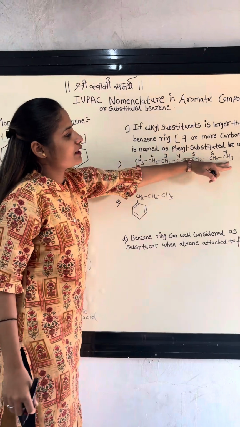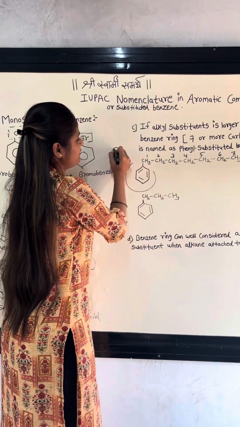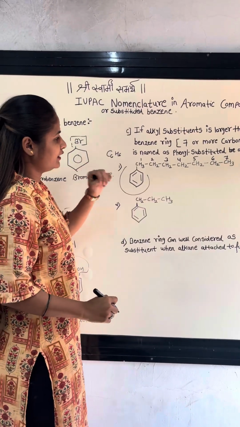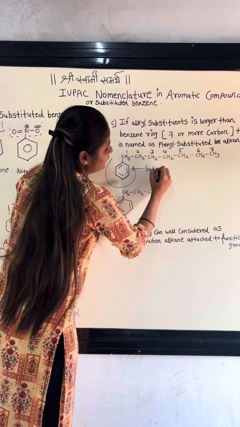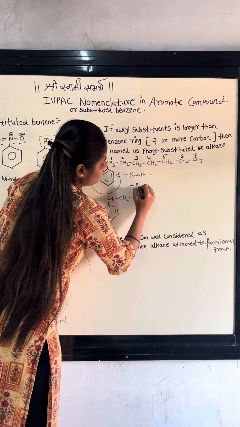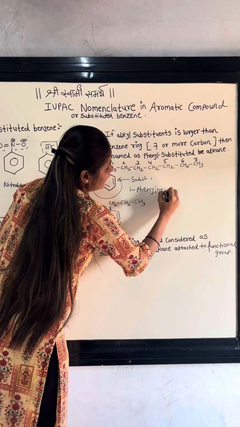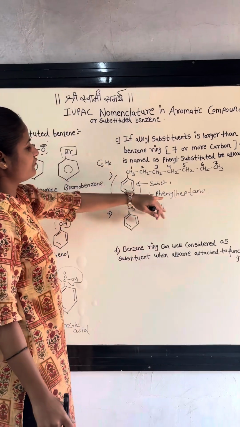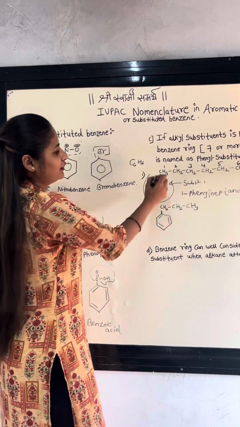Right. So it is a 7 carbon chain and it is more than this benzene ring, that is C6H6, meaning more than 6 carbon, right? So this benzene ring is considered as a substituent. Okay, so the name of this compound is 1-phenyl heptane, or only phenyl heptane, right?